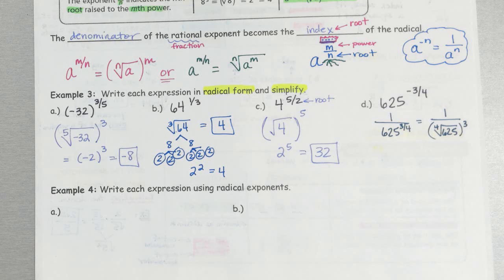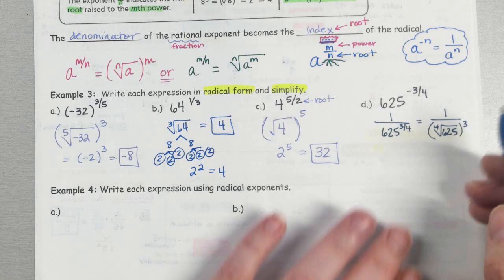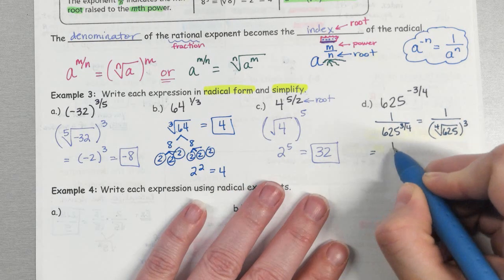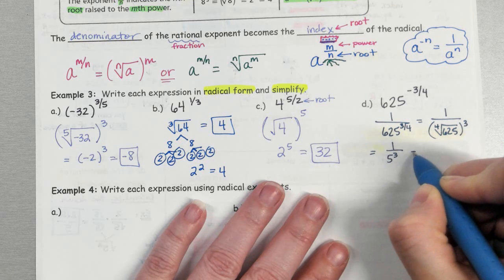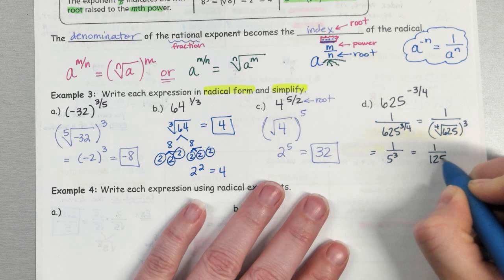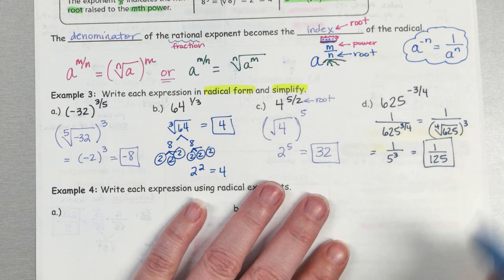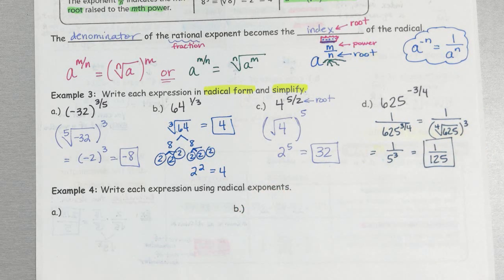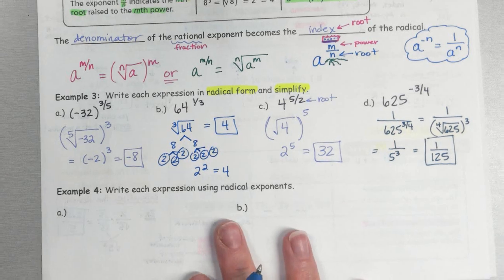Is the 4th root of 625 one of our perfect roots that we wrote on the front side? Yeah, 5 to the 4th power is 625, so this would be 1 over 5 cubed, and we know 5 cubed is, yes, 125. So 1 over 125 is your final answer.